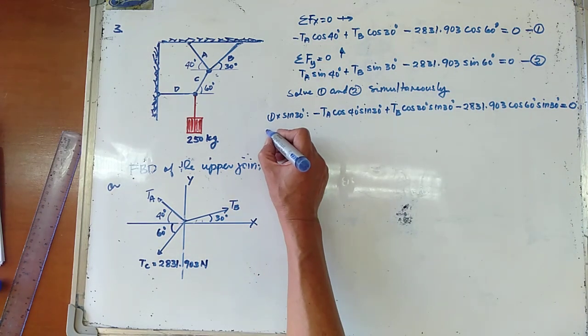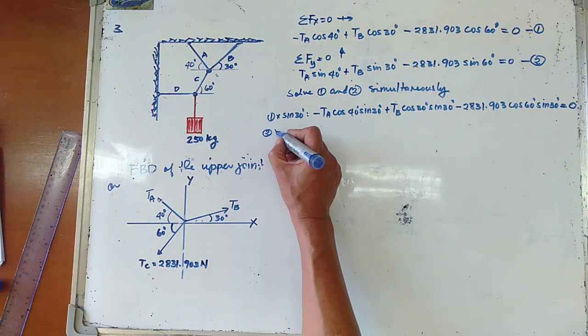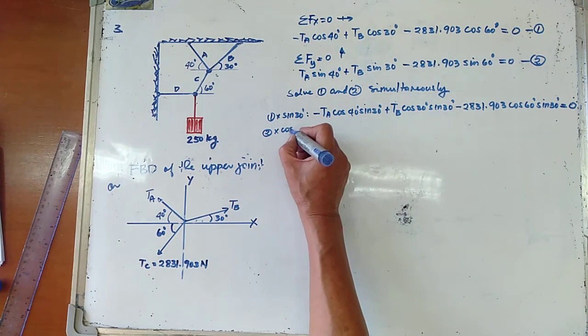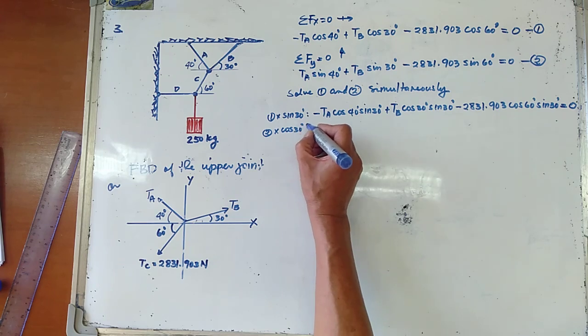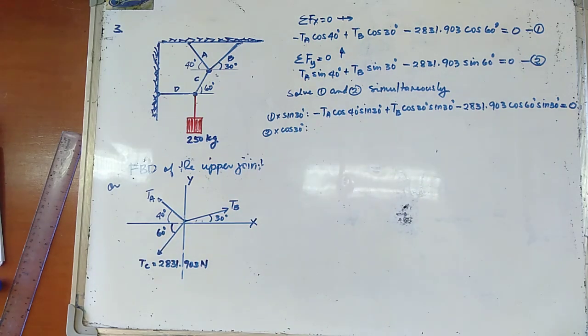And then we have equation 2. Let's multiply this one by cosine of 30 degrees.